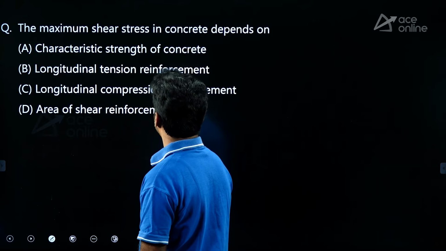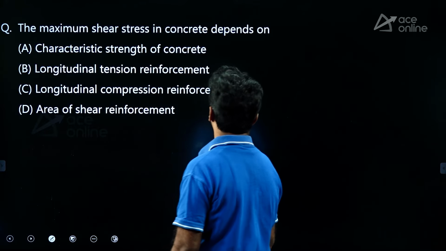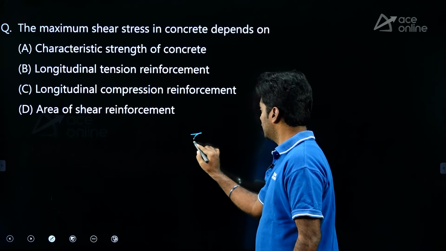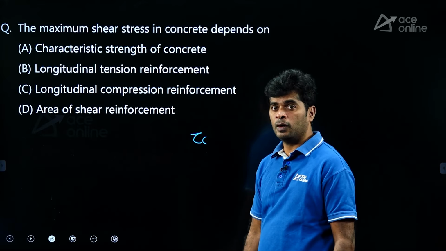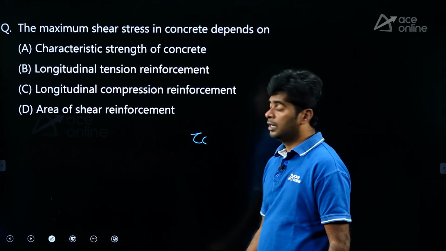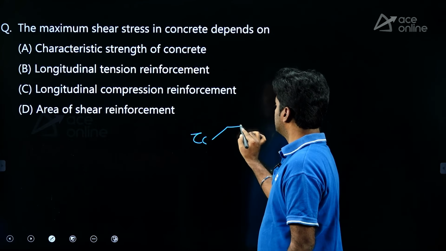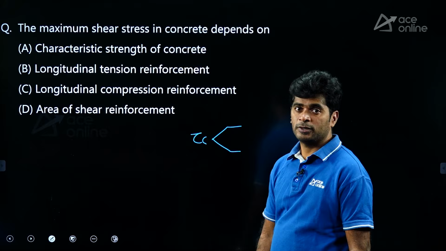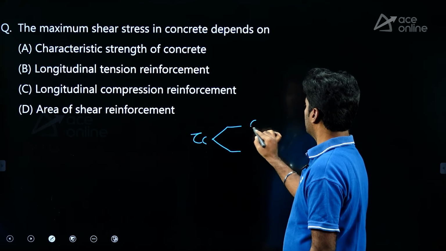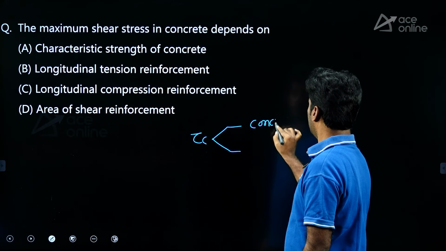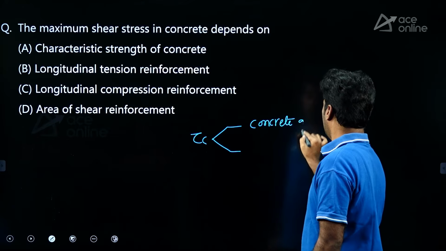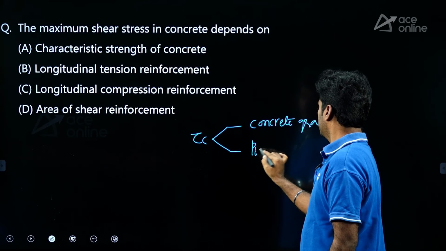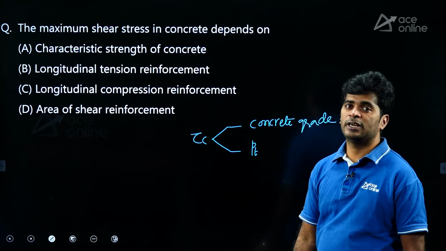The maximum shear stress in concrete depends upon... very, very important, you will expect in the exam either tau c depends on or tau c max depends on. Tau c means design shear strength of concrete. Design shear strength of concrete depends upon concrete grade and percentage of longitudinal tension reinforcement.